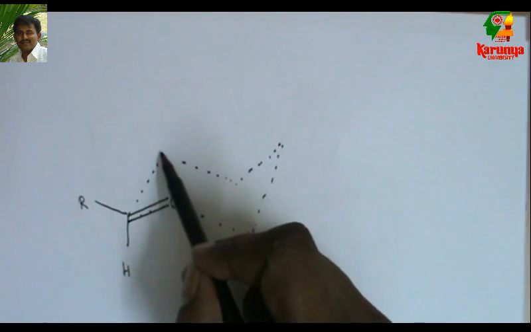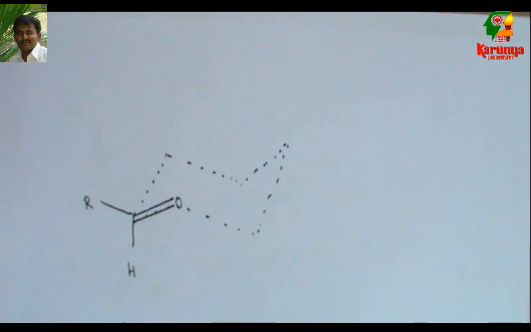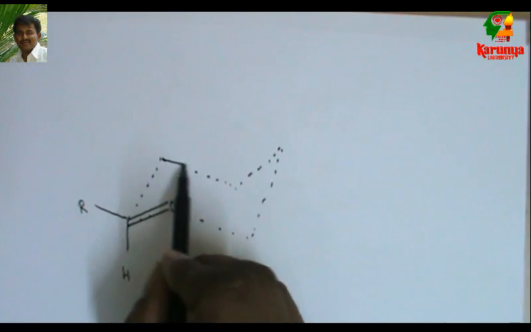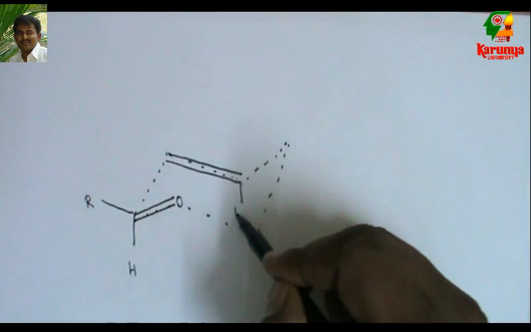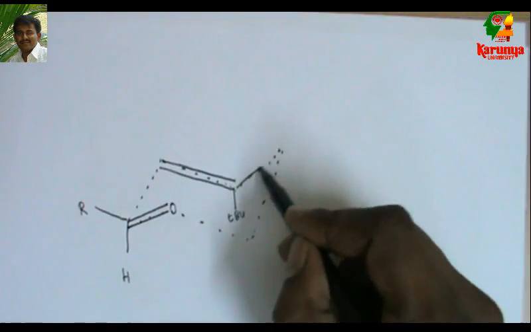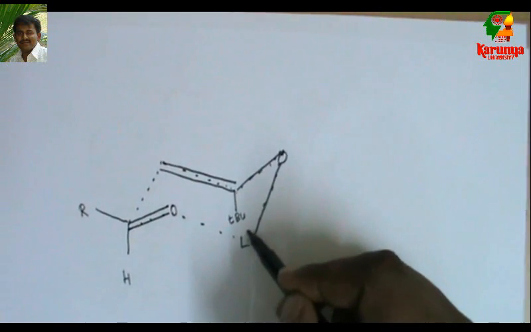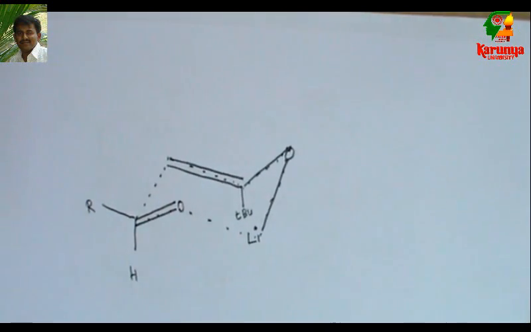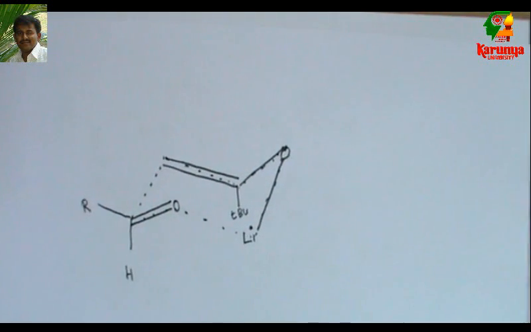If the nucleophile attacks here, then OH will become a thick line. And this is the enolate. Here a tertiary butyl group is there. Enolate, lithium ion. So I have placed the enolate and aldehyde like this.